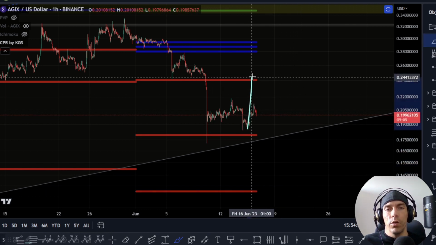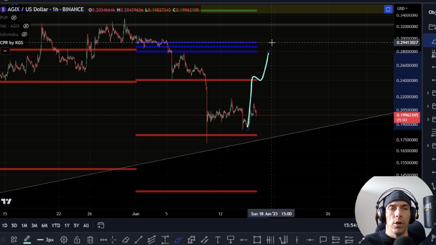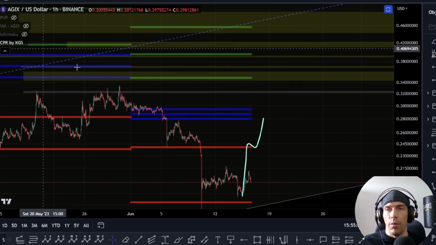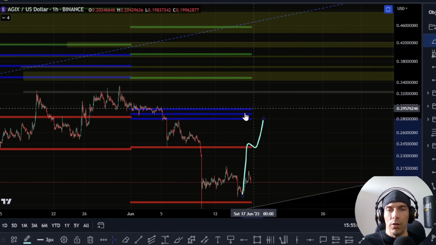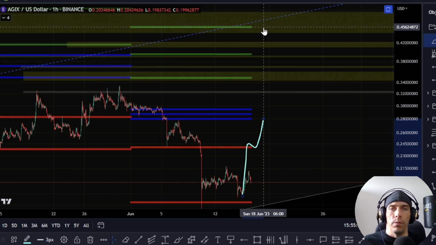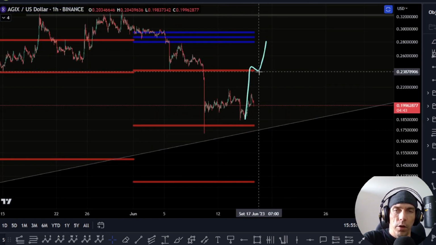Or alternatively, if we do look to push back up, we do have the central CPR lines here at this 2793 and this 2941. So I would be interested to see how we react around those levels if we do look to push back up here. If we did manage to get back above these, we could see this S1 come in at this 3485, this S2 at this 3943, and this S3 at this 4562. Interesting areas just to keep an eye on as price develops.